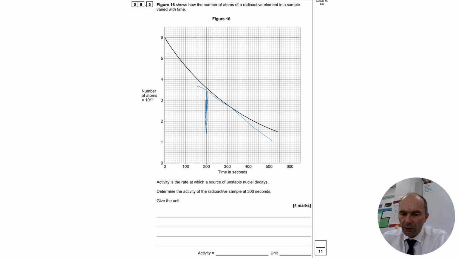So I would go something like this, and that's quite close to it. Remember, this bit here is your change in y, and this bit here is your change in x.